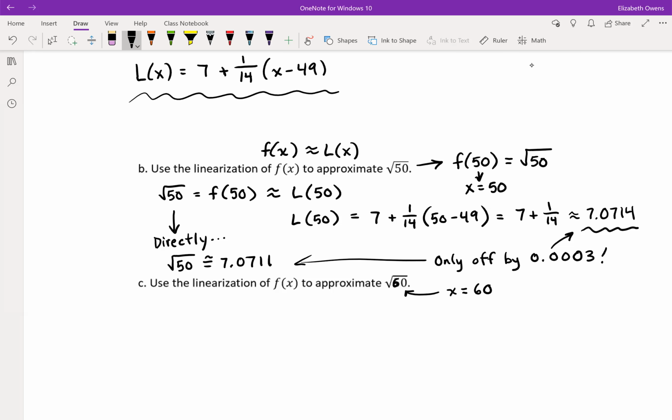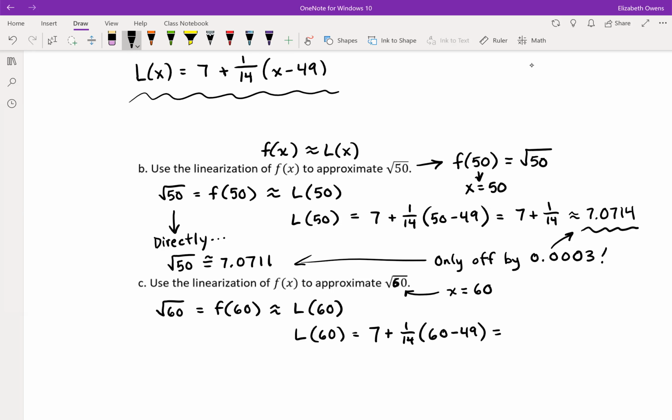And so we'd go through a similar process here. The square root of 60, we're trying to approximate f of 60, and we'll try to do that by using the linearization L of 60, which we can plug in and do most of it by hand here again. 7 plus 1/14, and now that would be 60 minus 49.